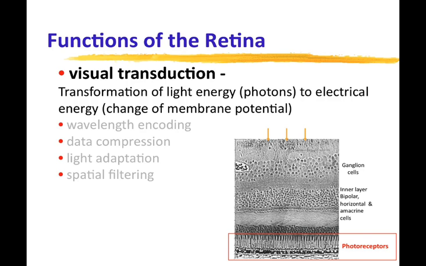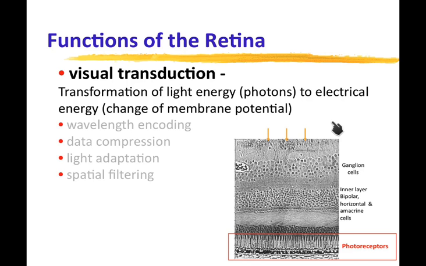Transduction is a really important function of sensory systems, and basically what it means is that it transforms one form of energy into an electrical signal. In the case of visual transduction, we're transforming the energy of light, which are photons hitting the retina, into electrical energy, which is a change in the membrane potential.